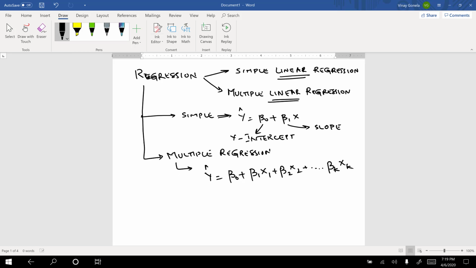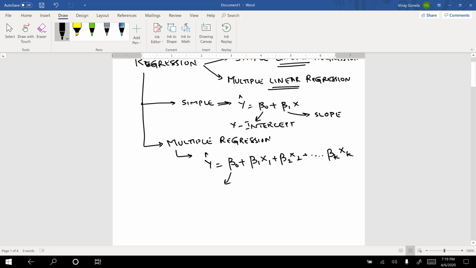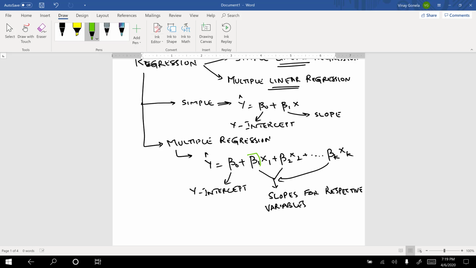So this beta naught represents the y-intercept, and then beta 1, beta 2, beta k, they represent slopes for respective variables. That means beta 1 is the slope for x1, beta 2 is the slope for x2, and beta k is the slope for xk.